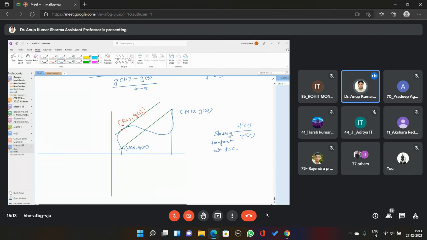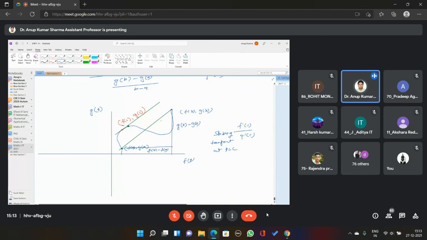So we can find the average change. What is the average change? This one is the average change. This is g(t) and this is f(t). So how much is this length? This is g(b) minus g(a), and this length is f(b) minus f(a).